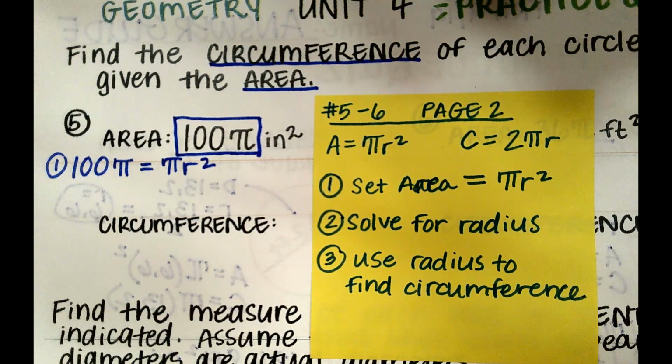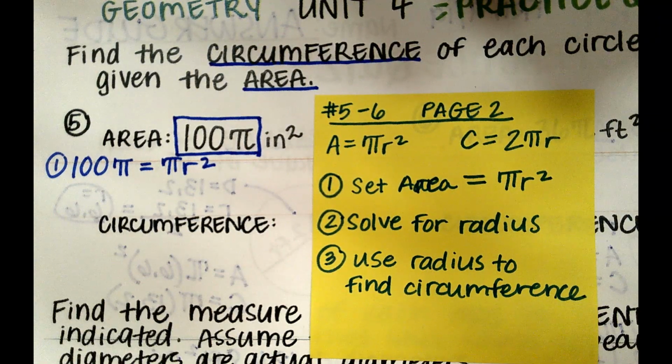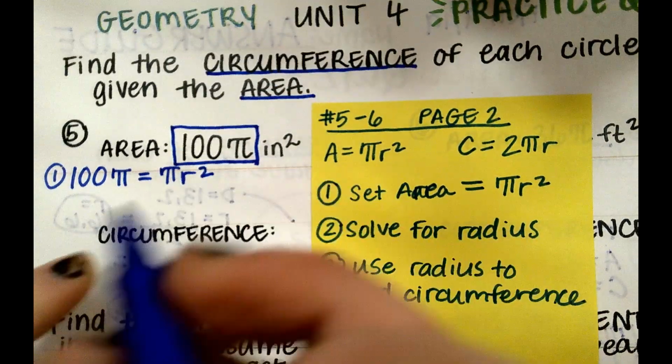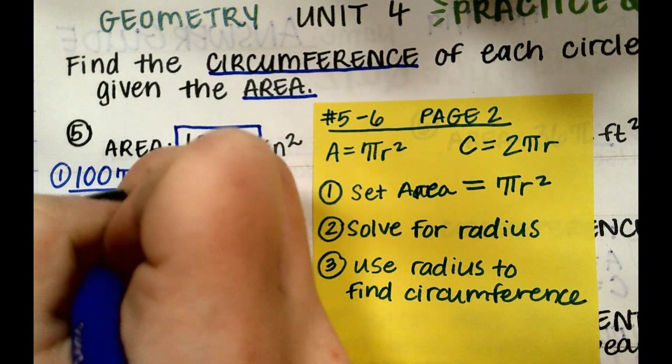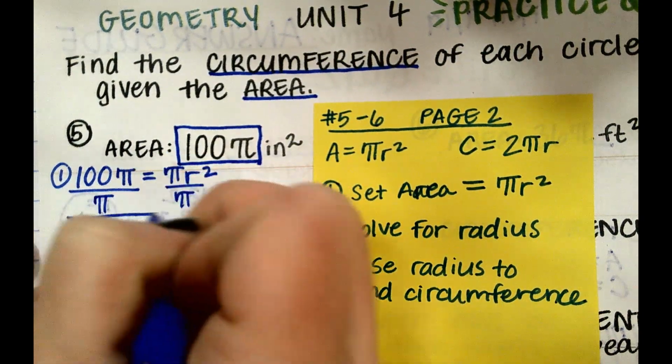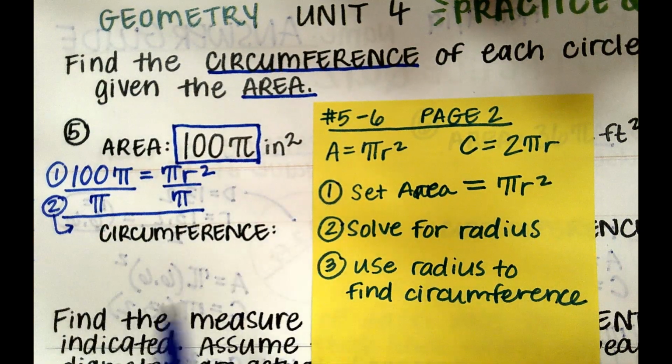Now, step 2, we want to solve for the radius. If I'm trying to get r by itself, what is something I could do first to get us closer to that? Let's cancel out the pi's. We could divide by pi on both sides. So here's step 2, where we're starting to solve.